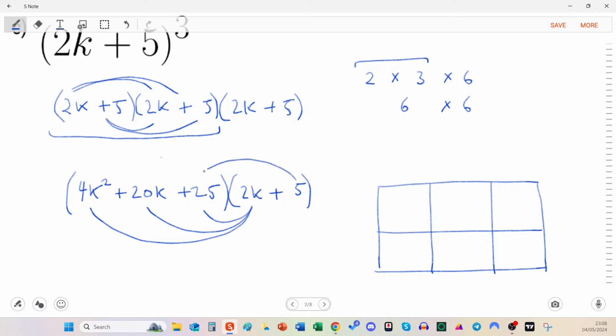And the 5 has to do the same, like this. So you have 6 multiplications, but just to organize that, I'm going to put it at the side. Like this. And do one at a time. So now I'm not going to miss one. Let's go.